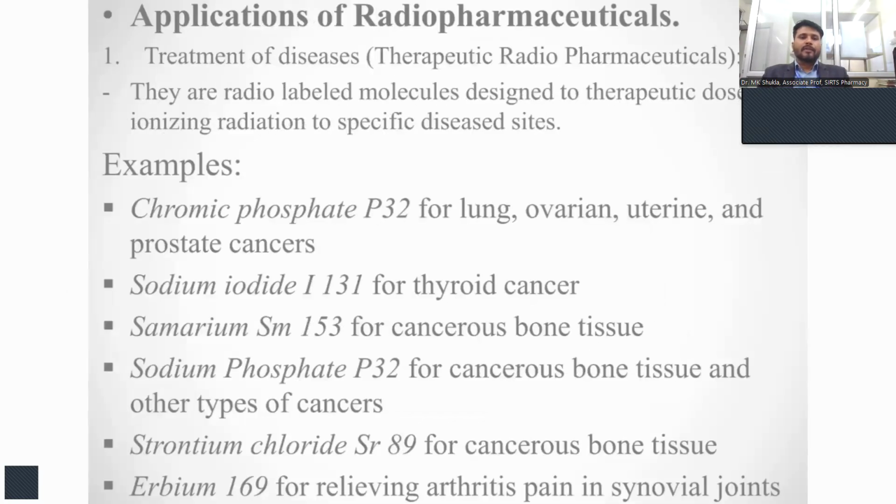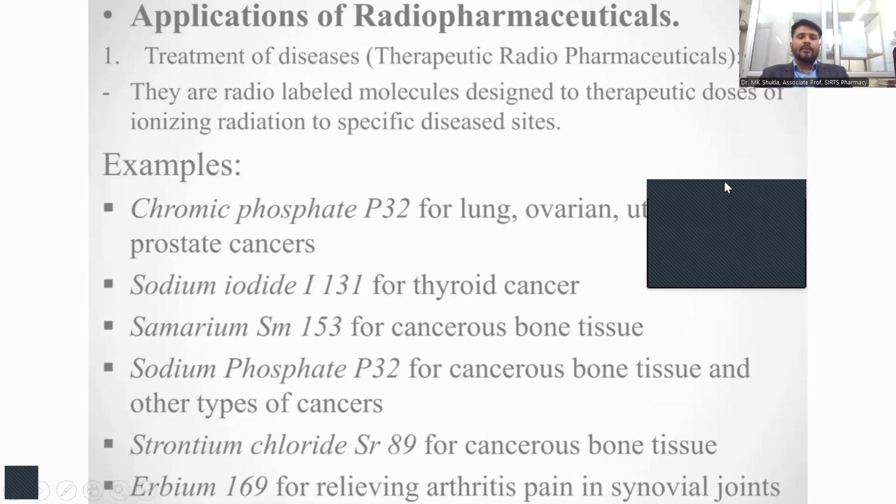Applications of radiopharmaceuticals: the treatment of diseases, using therapeutic radiopharmaceuticals. They are radio-labeled molecules designed to deliver therapeutic doses of ionizing radiation to specific disease sites.